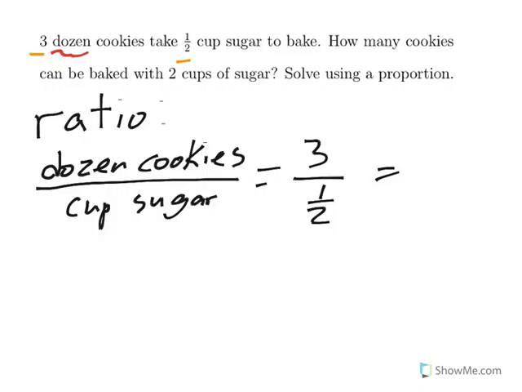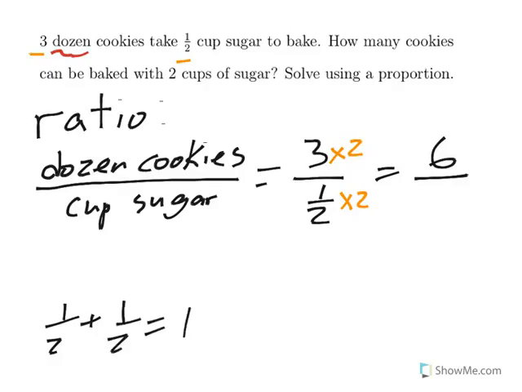So I can multiply top and bottom by 2 and get an equivalent ratio, and that would look like 6 dozen cookies. 3 times 2 is 6. And then let's see, what is 1/2 times 2? Oops. 1/2 times 2, that's just 1. So for example, 6 dozen cookies take 1 cup of sugar.